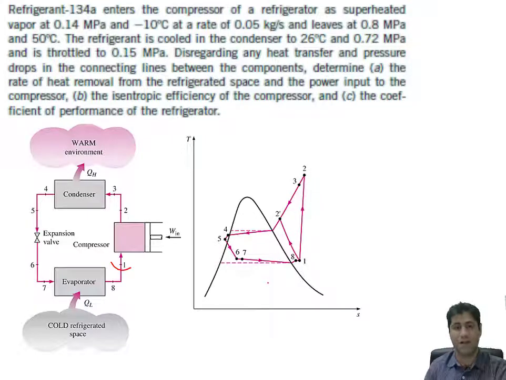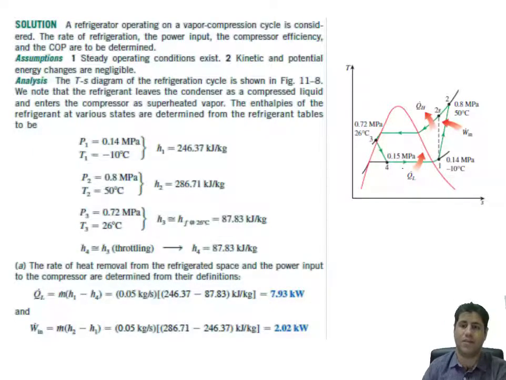What we have here is the pressure drop in the evaporator and condenser and also the compressor, but not in the connection line. So the TS diagram for this actual cycle which we have here is something like this.